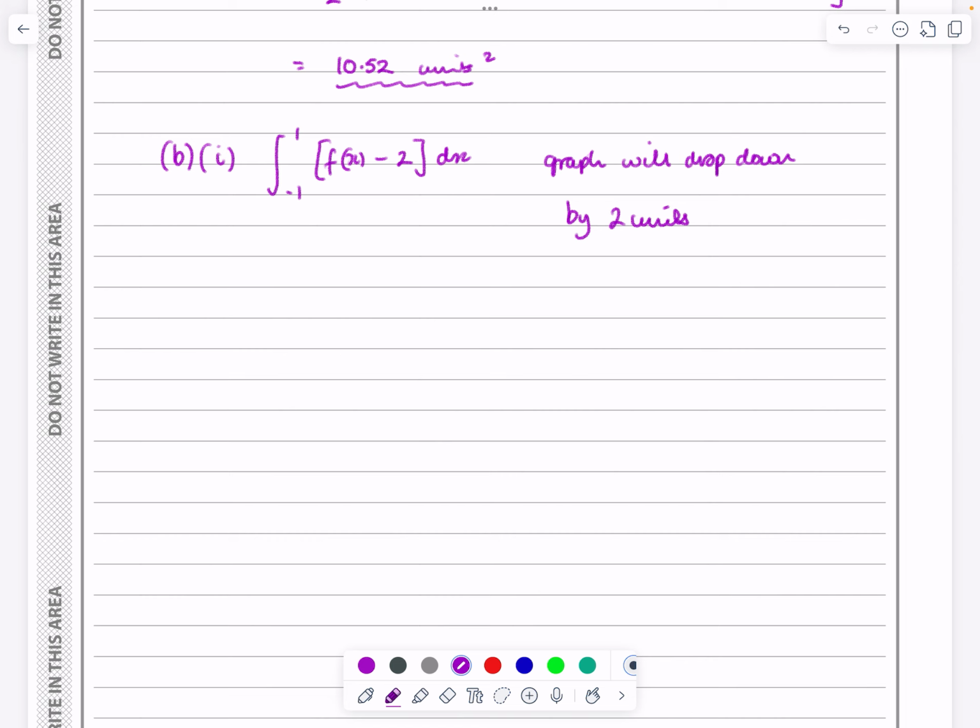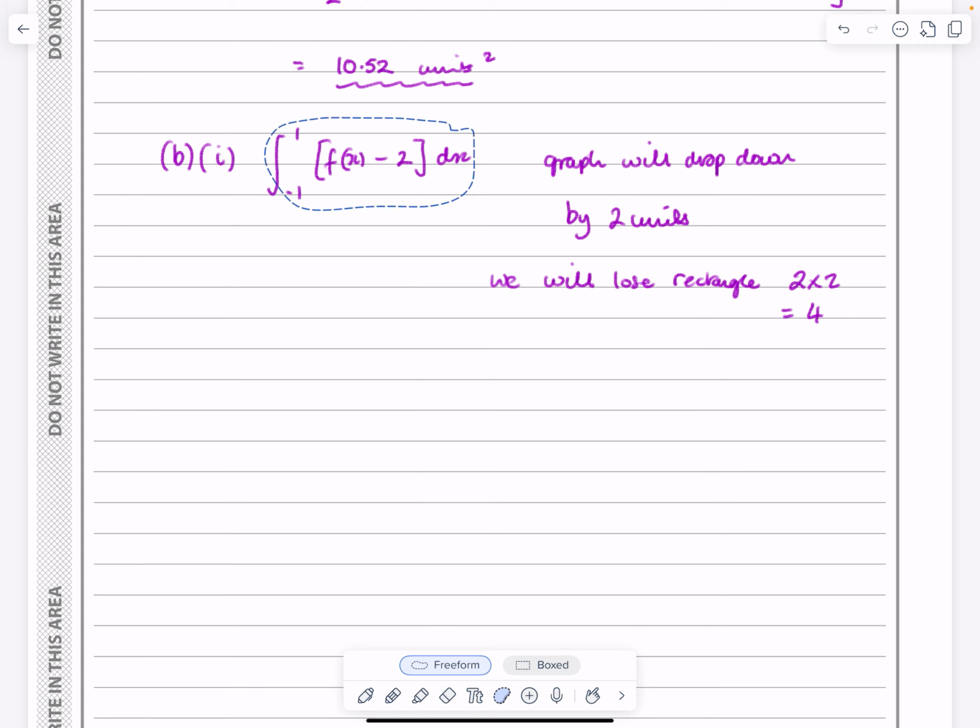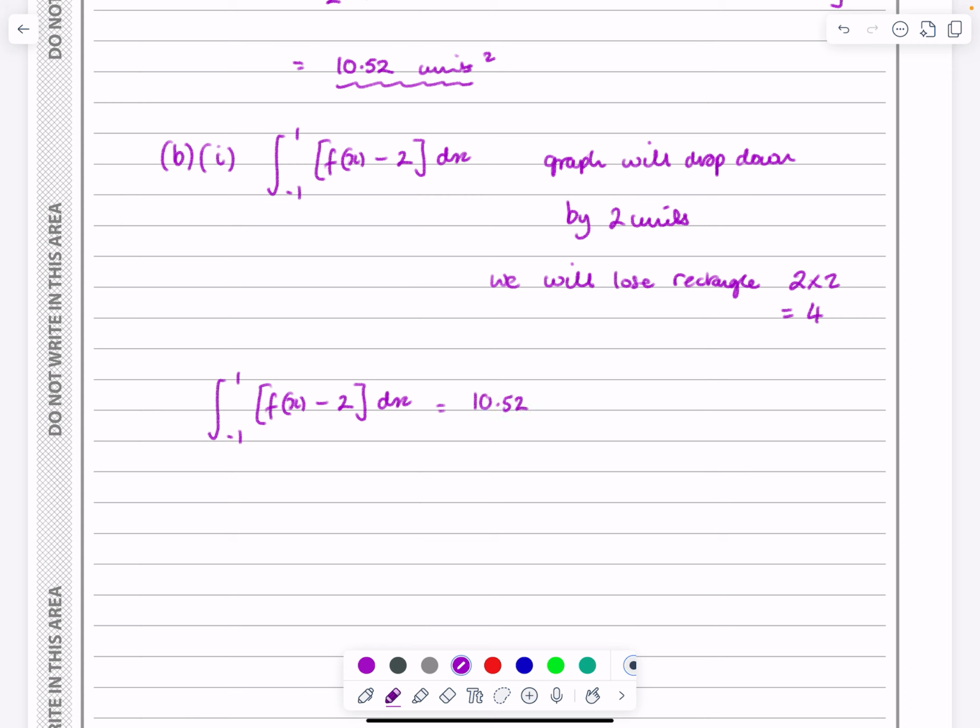So we will lose a rectangle 2 by 2 equals 4 units. So this answer here is simply going to be what I had previously, which is 10.52, but then minus 4. So that's now going to be 6.52 units squared.